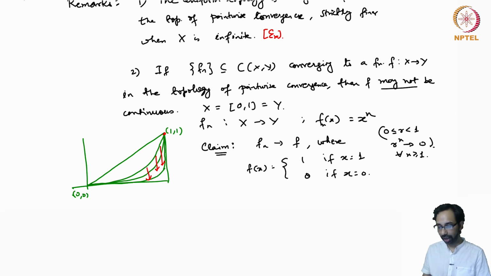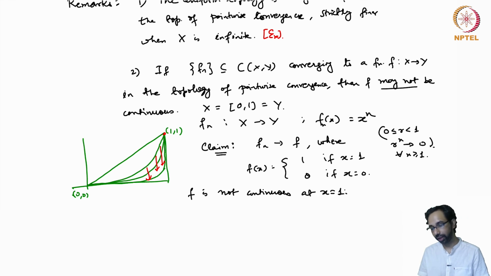So in the topology of pointwise convergence, there is a convergence of f_n to this function, and of course this function f is not continuous at x equal to 1. So you see that we can have a sequence of continuous functions converging in the topology of pointwise convergence, but the limit of this sequence may not be continuous.